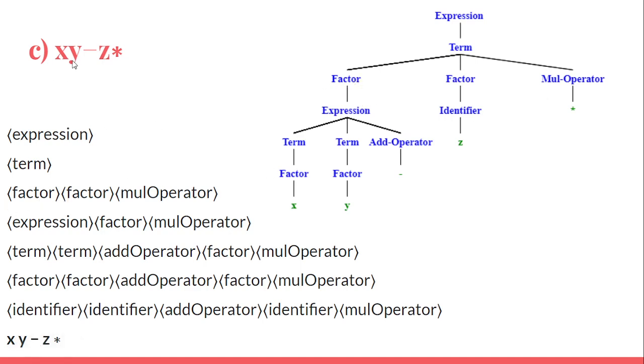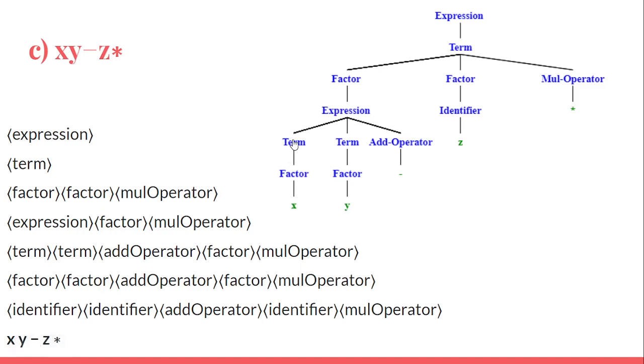Then, as we require x, y and minus, we replace the factor with expression by rule number 3. This other factor will remain as factor multiply operator. Then we replace this expression with term add operator by applying rule number 1 again.